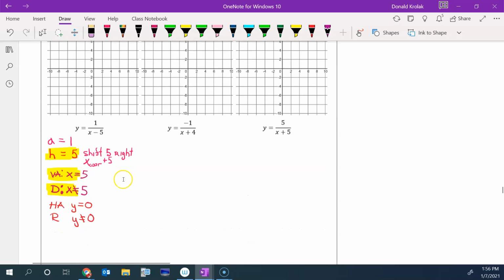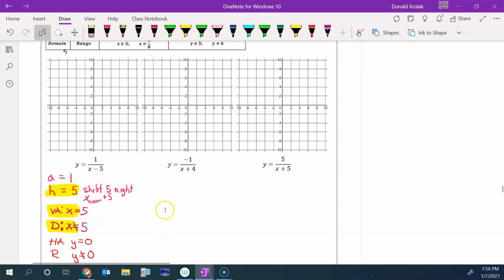So to sketch this thing, I'm going to draw my asymptotes. So I got my HA, and I should do it as a dotted line. It helps, when you're doing these at home, if you use a highlighter for your asymptotes or a colored pencil, something like that. Okay, this is the HA. Okay, and then my VA is over here.